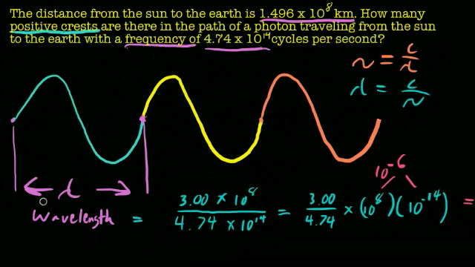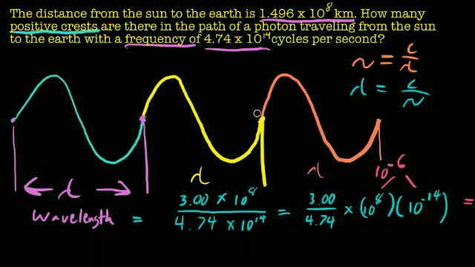So now we figured out what our wavelength is, and now we have to figure out how many positive crests there are in each wavelength. And you can hopefully see from this diagram, right here, this is another wavelength. This one in orange right here is another wavelength. And each one of these has one positive crest.